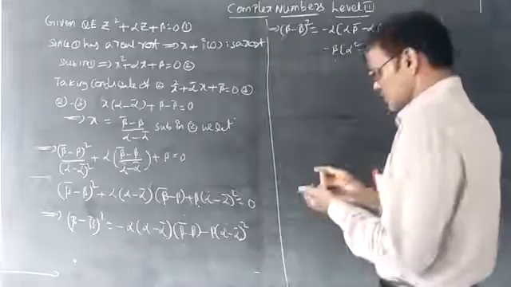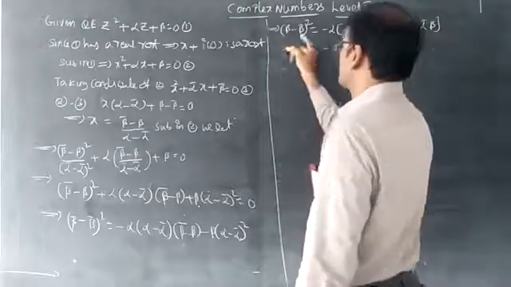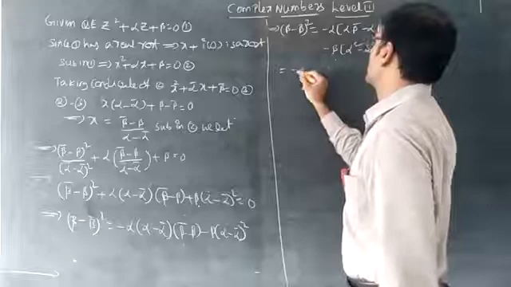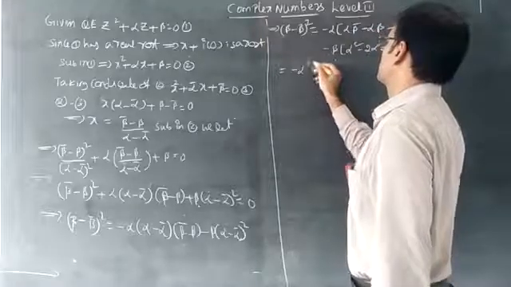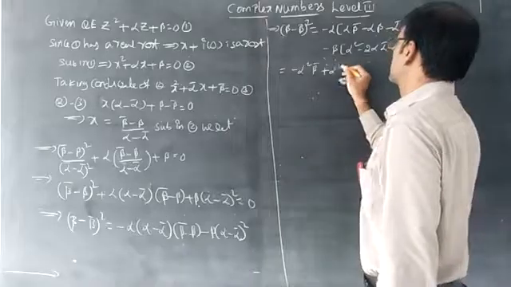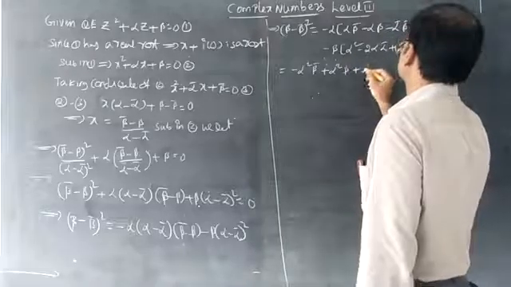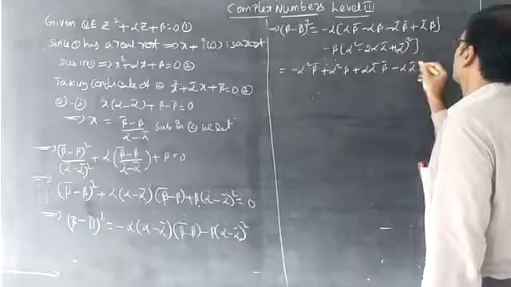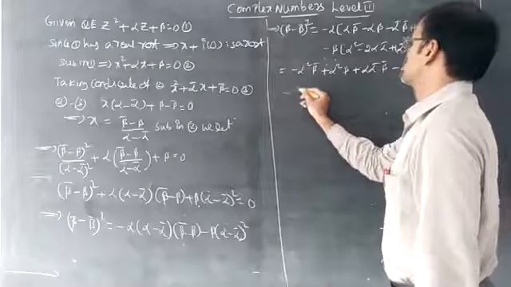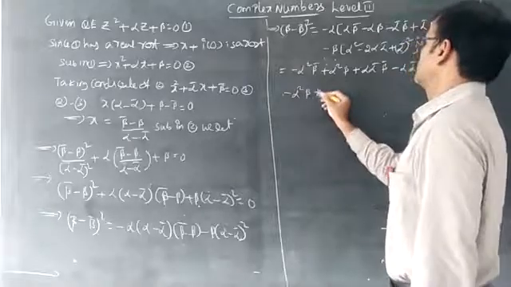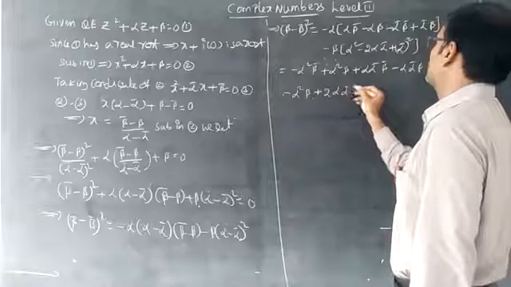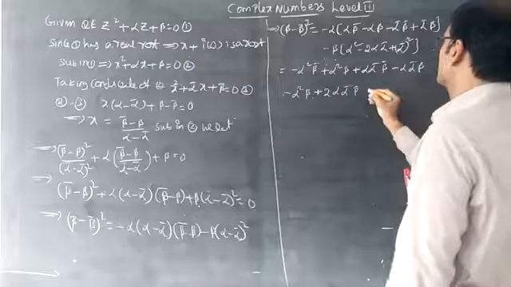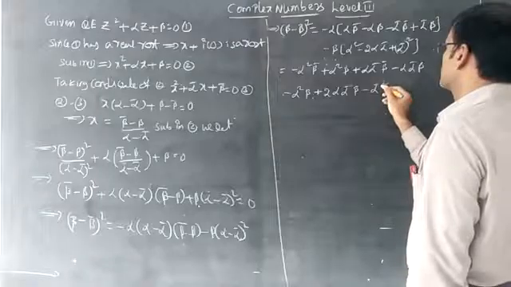I am not changing beta minus beta bar whole square because the option is given like this. Now multiply: alpha square beta bar, alpha square beta, alpha alpha bar beta bar, alpha alpha bar beta, plus 2 alpha alpha bar beta, minus alpha bar whole square beta.